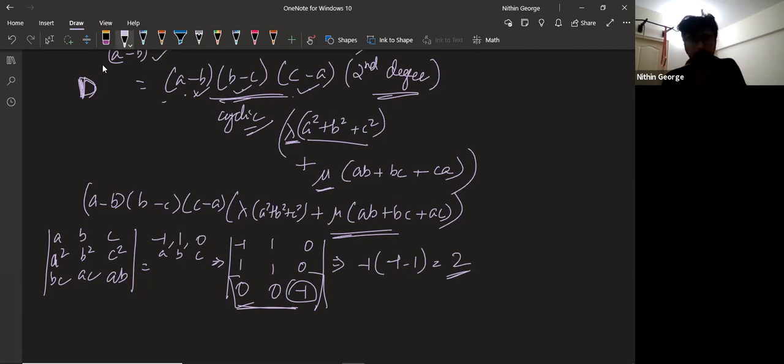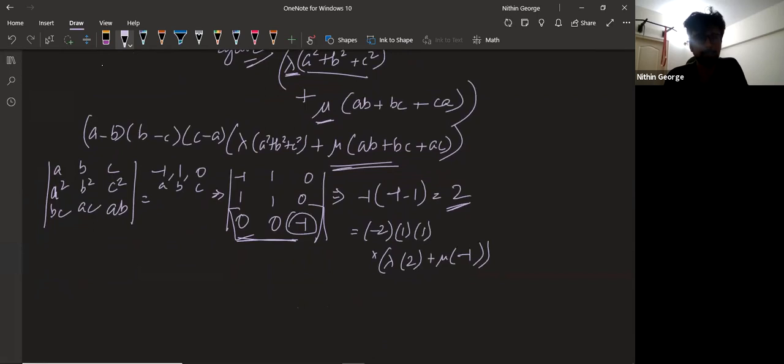Now I have my RHS here. RHS is A minus B, which is -1 -1, which is -2. B minus C is 1 minus 0. C minus A is 0 minus -1, into lambda into A square plus B square plus C square, 1 square plus 1 square plus 0, plus mu into AB plus BC plus CA.